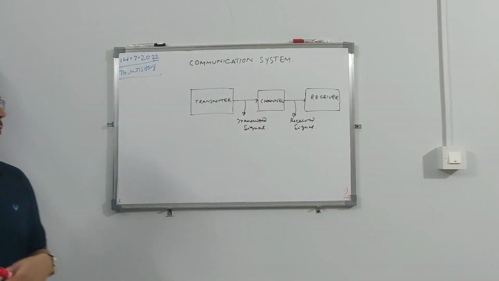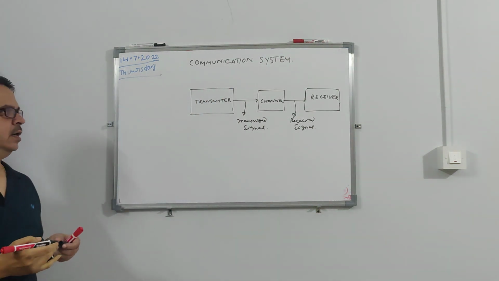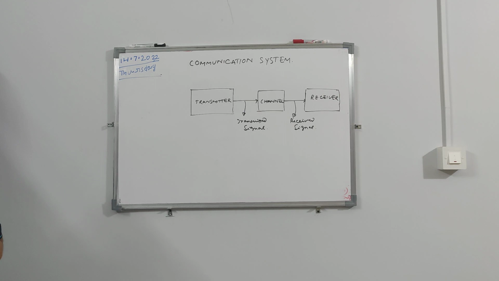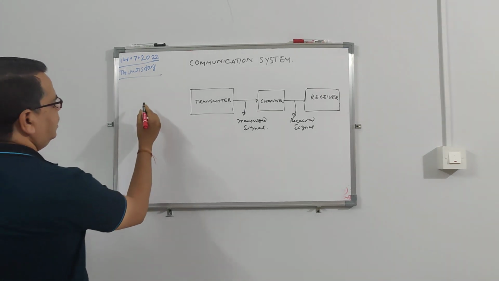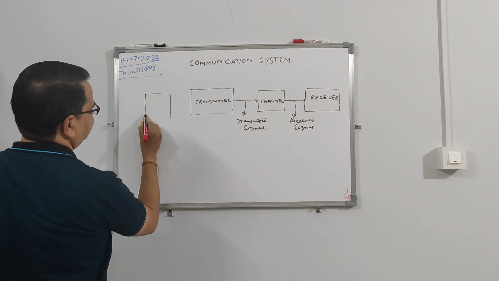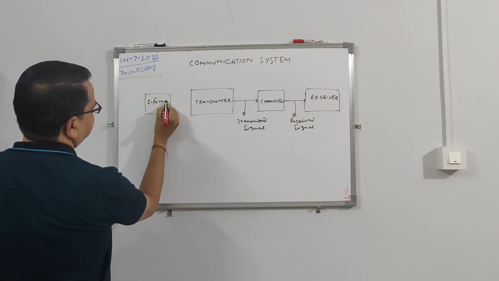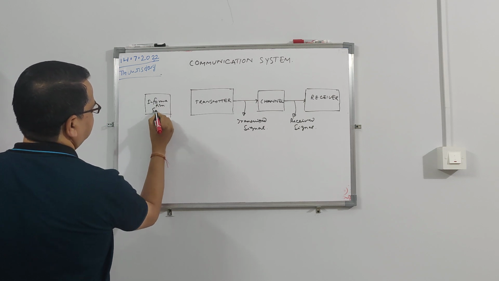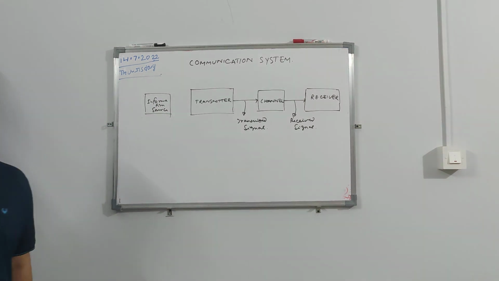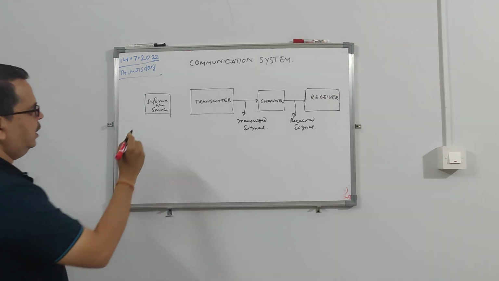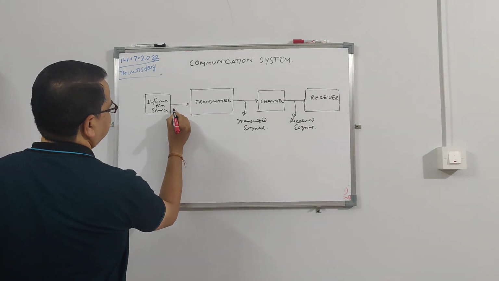So in a communication system, you have a transmitter and a receiver, and before the transmitter you will have some information source. This is your information source, and this is called your message signal.